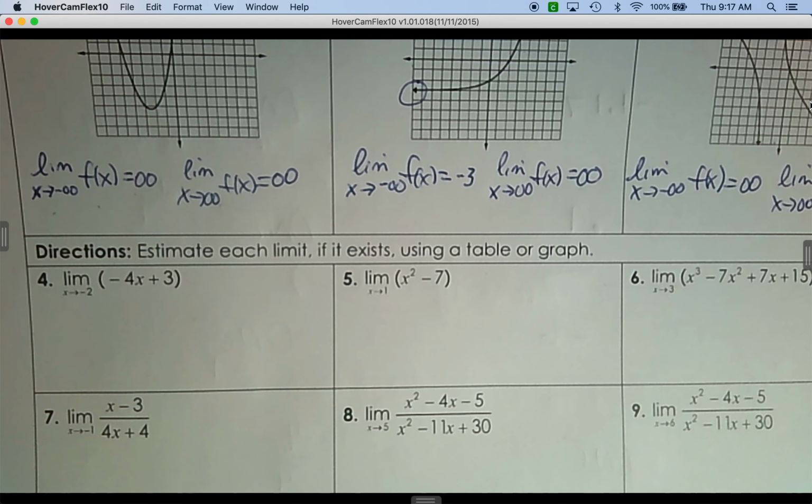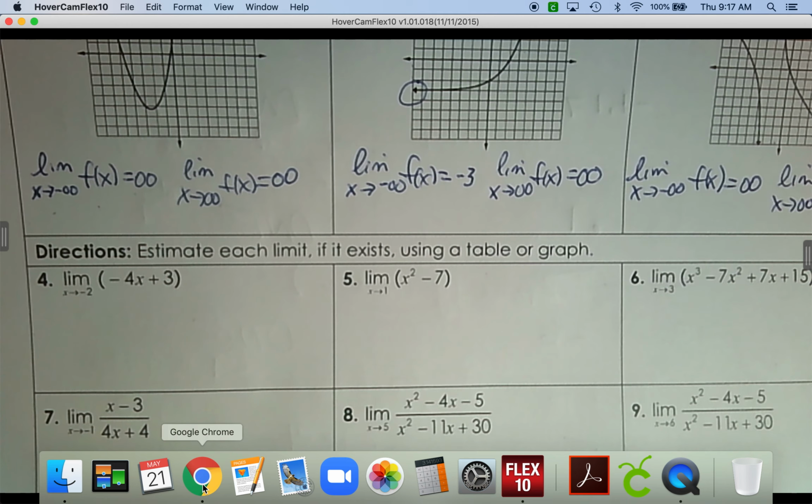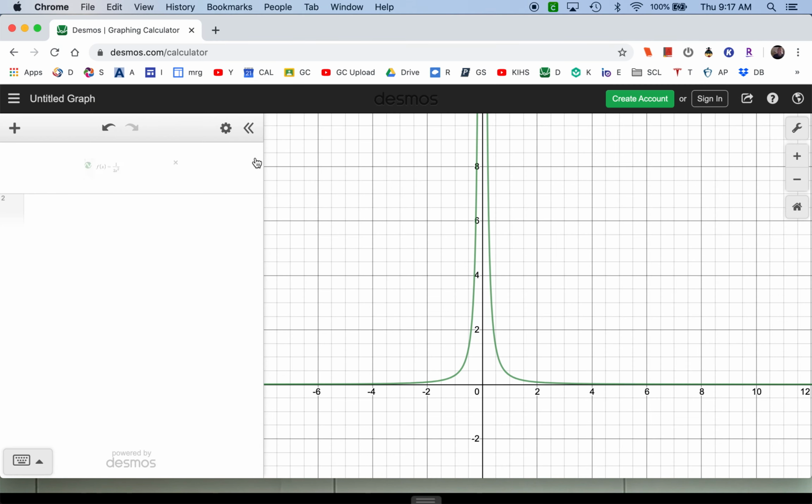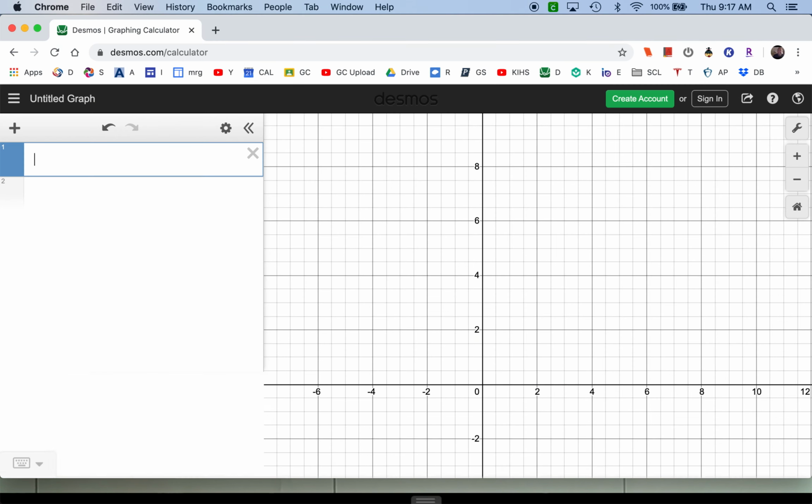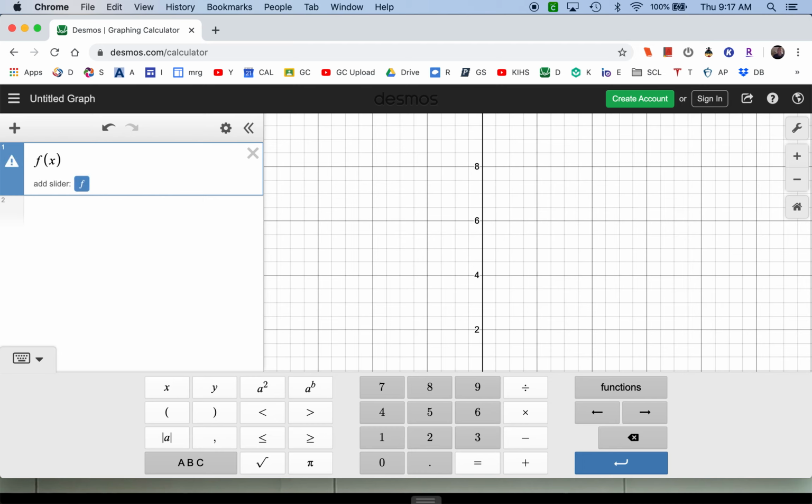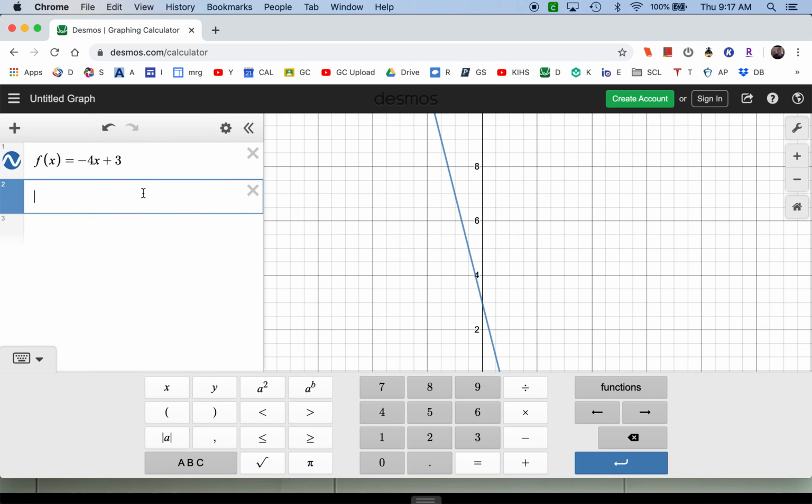So we're going to open up Desmos, and we're going to do negative 4x plus 3. If I write down f at x equals negative 4x plus 3, I want to know the limit as the function is approaching negative 2. So what is the value at negative 2?